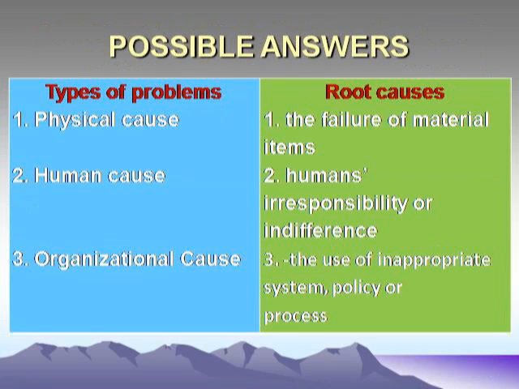The first one was physical cause, and its root cause was the failure of material items. The second one was human cause, humans' irresponsibility or indifference. And the third one was organizational cause, the use of inappropriate system, policy or process.